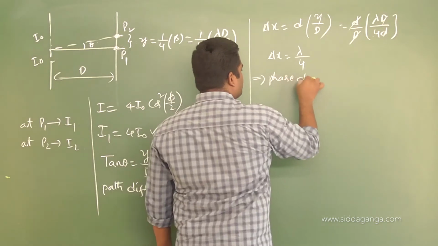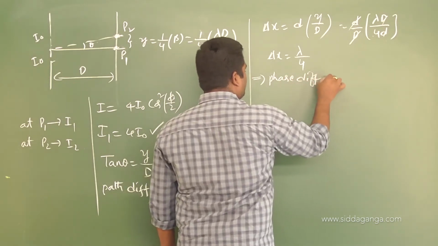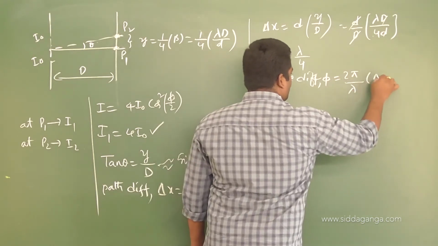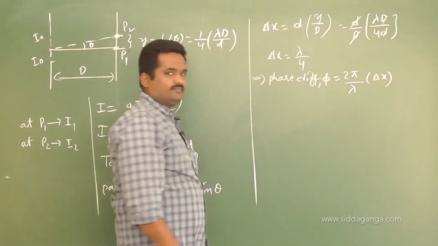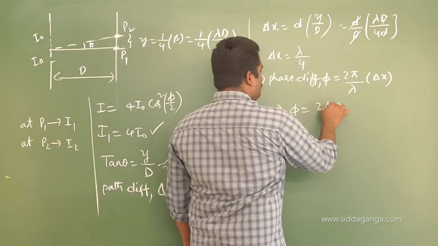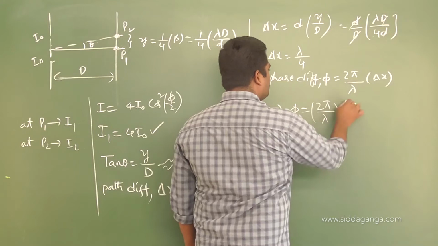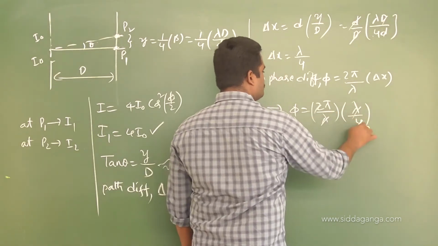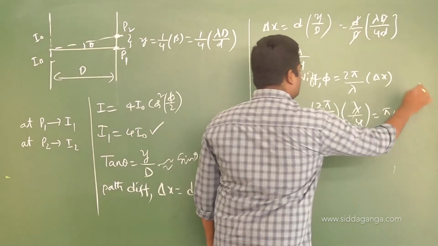You know the relation between path and phase difference: phi equals 2 pi by lambda into path difference. Just substitute: phi equals 2 pi by lambda into lambda by 4. Lambda cancels, and phi you get is pi by 2.